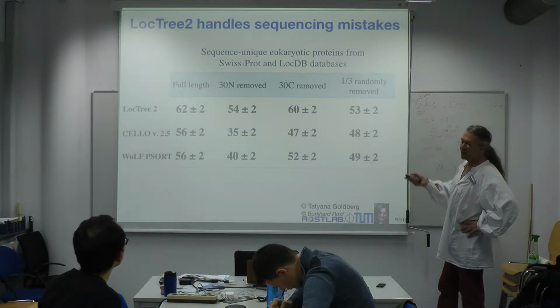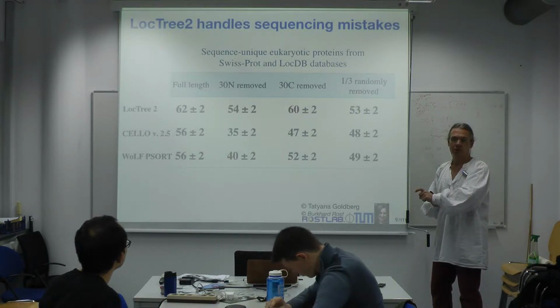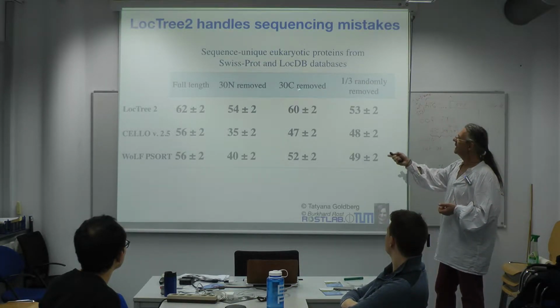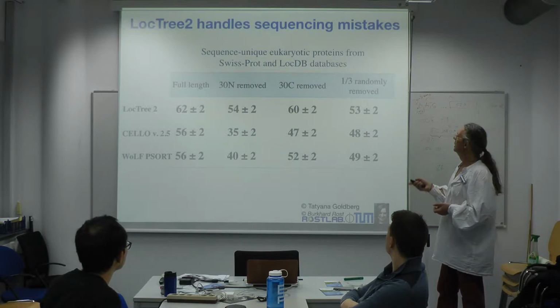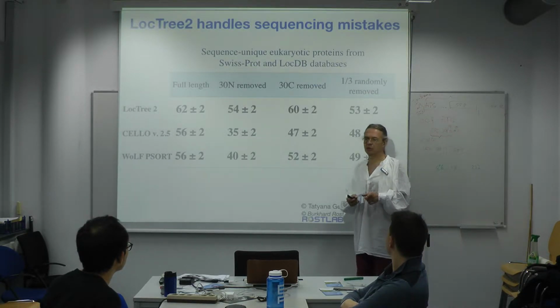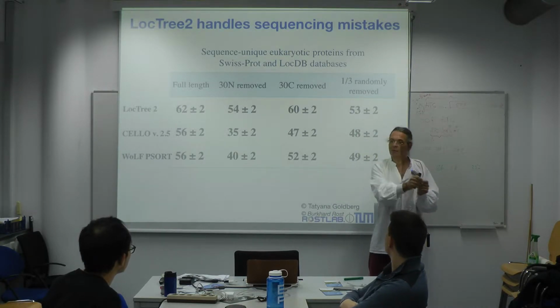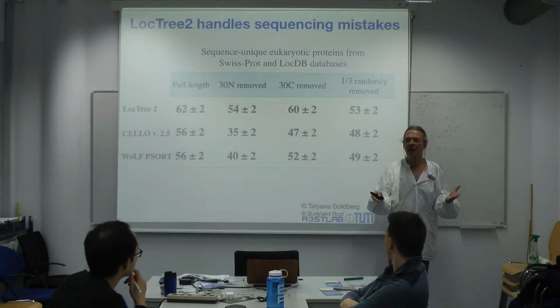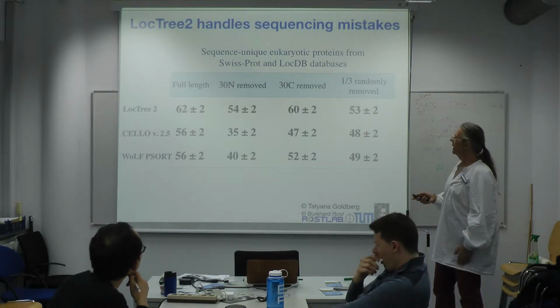In one, I take the first 30 residues out, just remove them and ask how good is my prediction method without those. I take the last 30 residues out, and here I randomly remove 1/3 of the entire protein, but one stretch. I'm not removing single residues. I take one stretch that is 1/3 of the length, and I remove that.